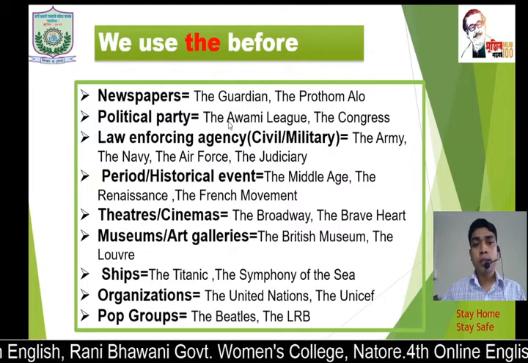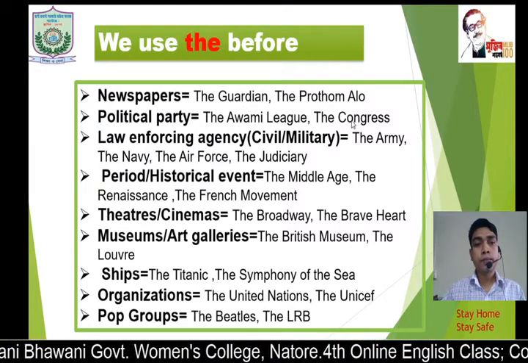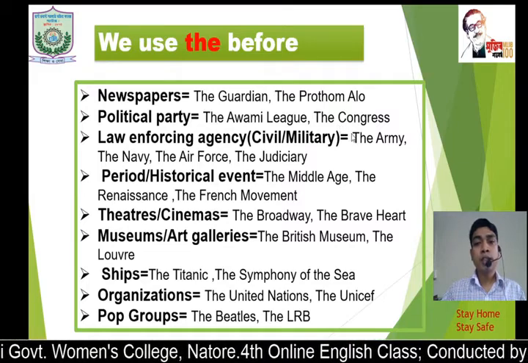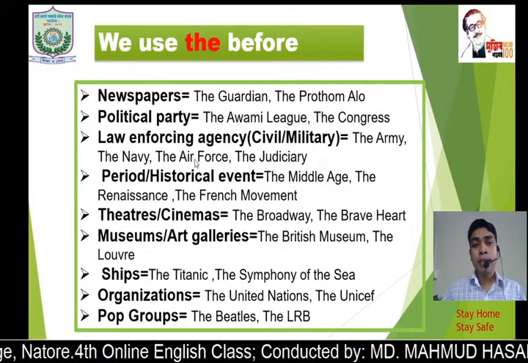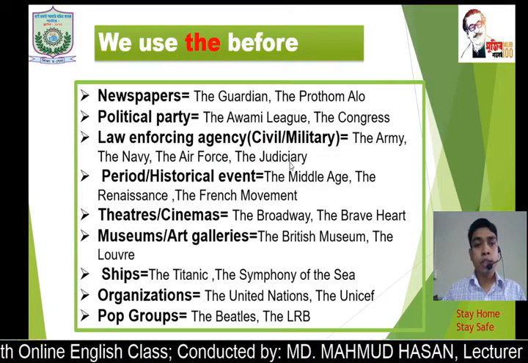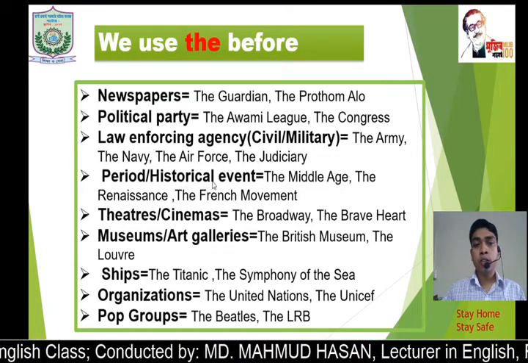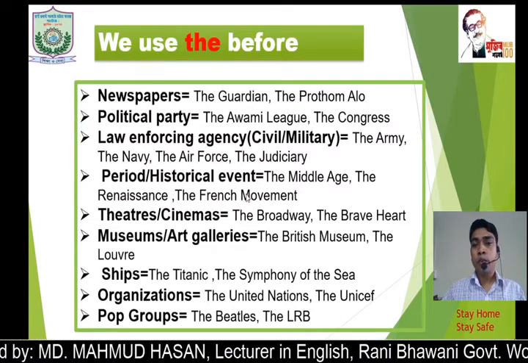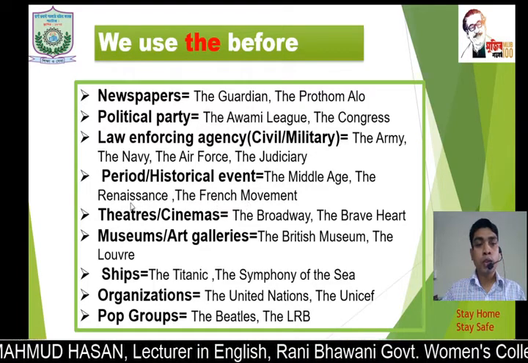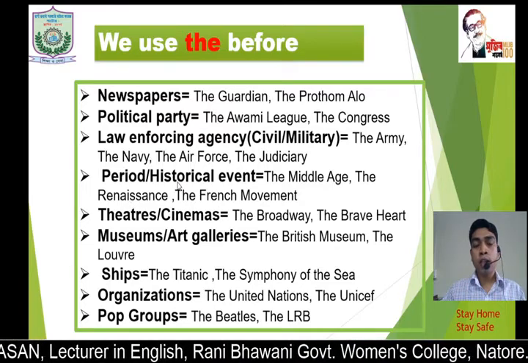Political party: the Awami League, the Congress. Law enforcing agency: the army, the navy, the air force, the judiciary. Period or historical event: the Middle Ages, the Renaissance, the French Revolution. Renaissance is a historical event.